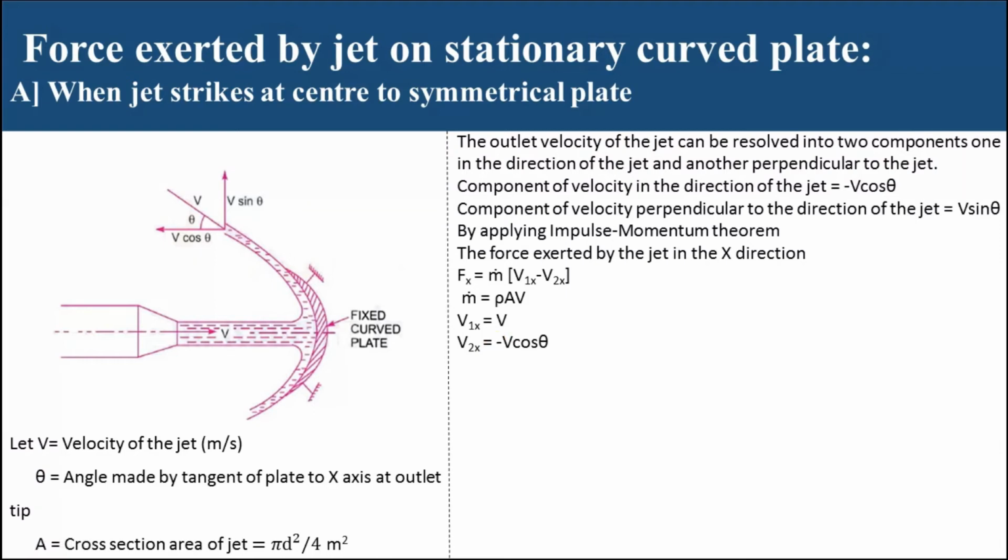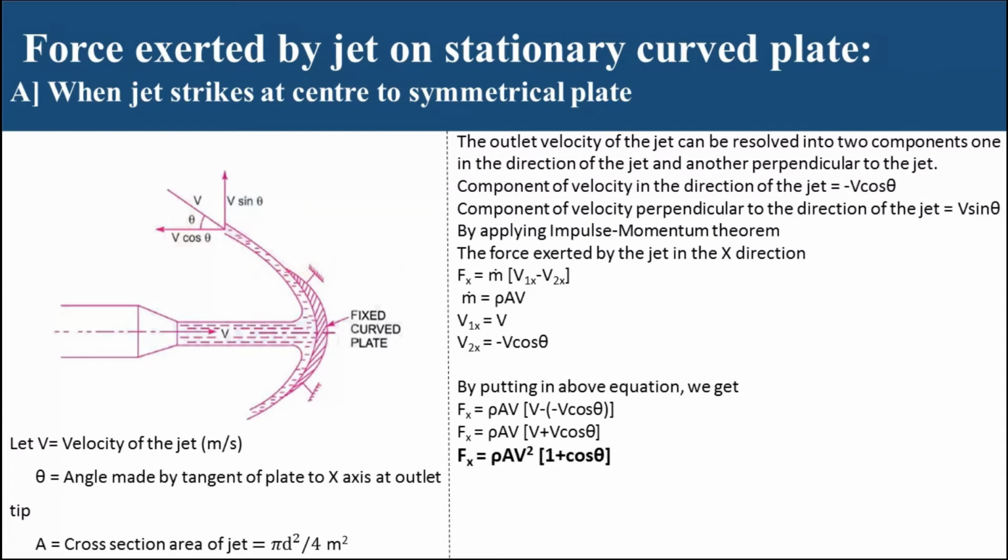So we'll put this value. Fx equals rho av into v minus of minus v cos theta. So it comes out to be a plus sign. So we will have rho av into v plus v cos theta. Taking v common, finally we will have Fx equals rho a v square 1 plus cos theta.